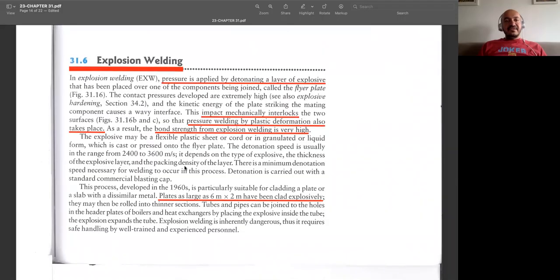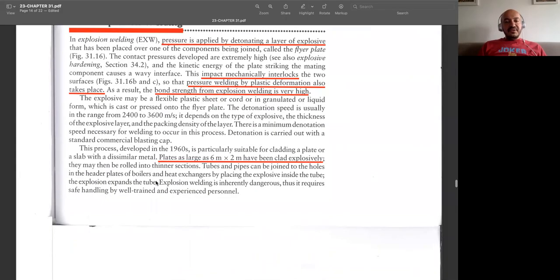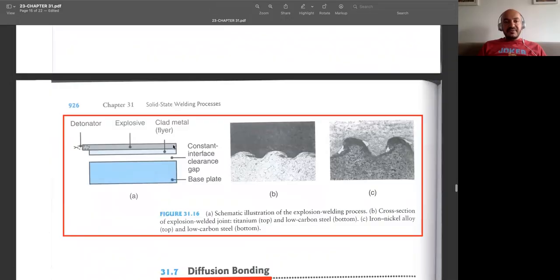Now we have another type of solid state welding process. This is explosion welding. It's very similar to explosive forming, if you remember from our forming chapters. We use an explosive, and with the help of a detonator, we spark it and start the reaction.